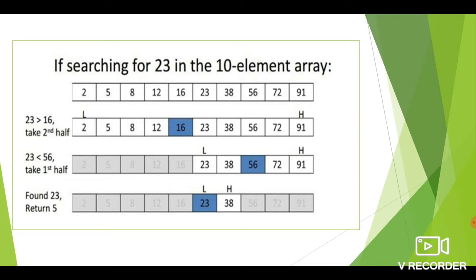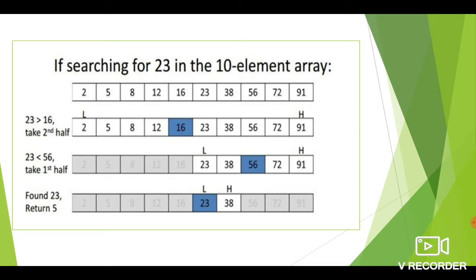So how can you perform the searching operation? You have to set low as middle plus 1 and high as usual the last element. Again you have to find the middle element. Our middle element is 56 and our searching element is 23.